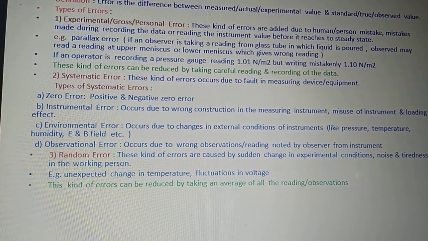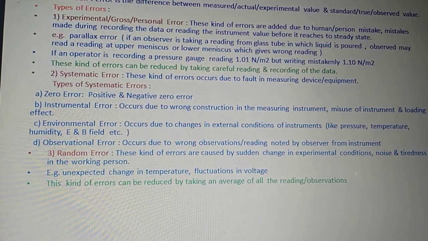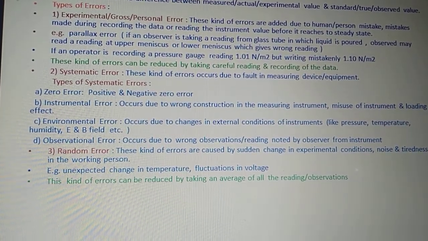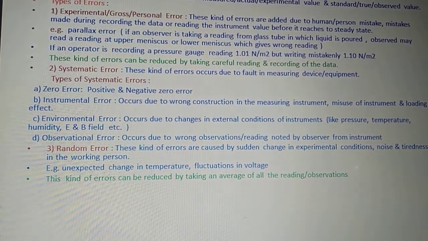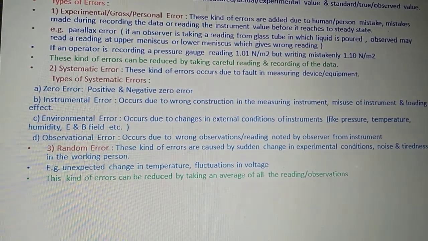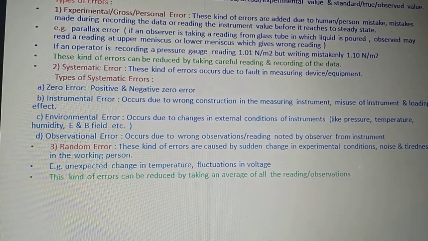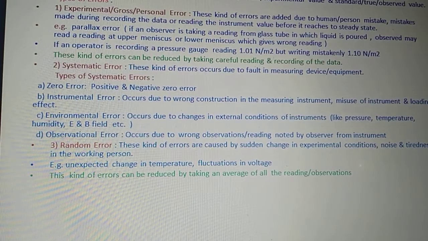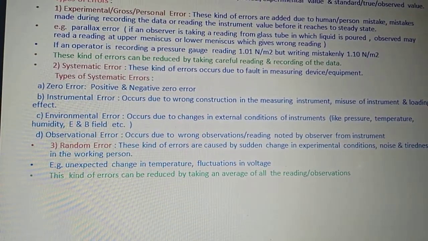The simple example of the experimental error or personal error is a parallax error. What is a parallax error? Parallax error is an error introduced if an observer is taking a reading from a glass tube.